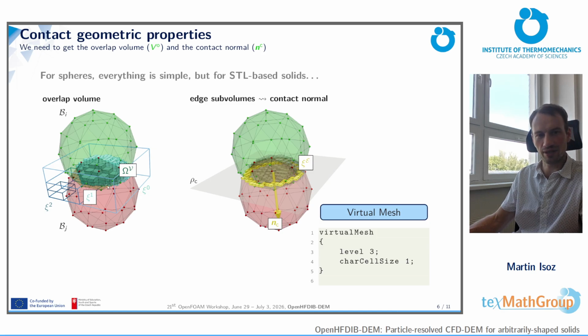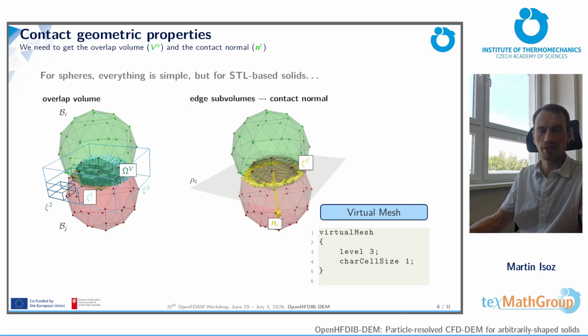Then we get this nice local mesh structure which we can use to estimate the overlap volume. And also, with this locally refined structure, we can identify the subvolumes, which are in yellow in here, that bound our overlap volume, and use these subvolumes to estimate the contact plane and contact normal.